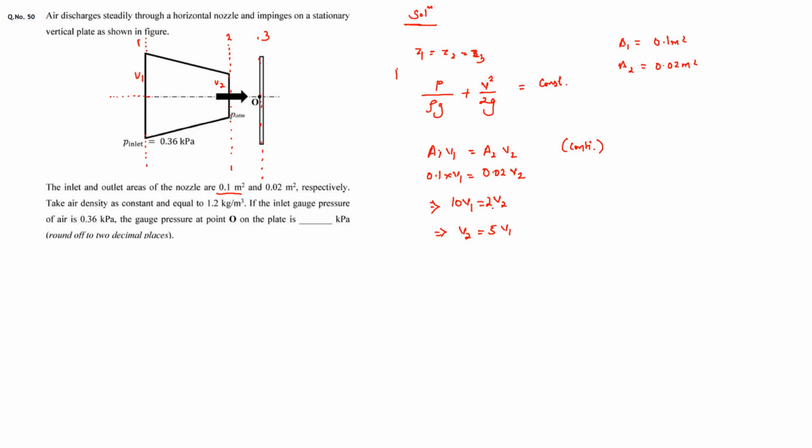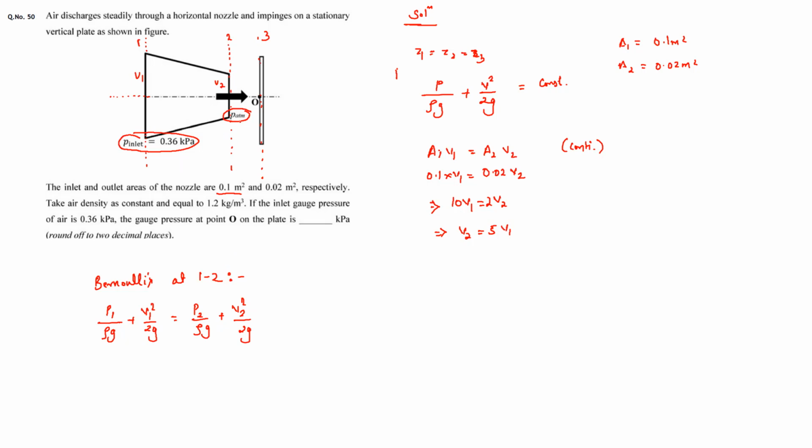Right, so now we know the relationship between V1 and V2, and we also know the pressures at the inlet and the outlet. Pressure at the outlet is given as atmospheric pressure, whereas pressure at inlet is 0.36 kilopascal. So we can apply the Bernoulli's at 1, 2, and we'll get P1 over rho g plus V1 square over 2g is equal to P2 over rho g plus V2 square over 2g.